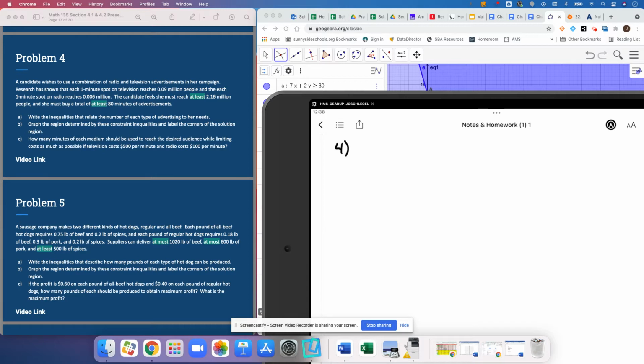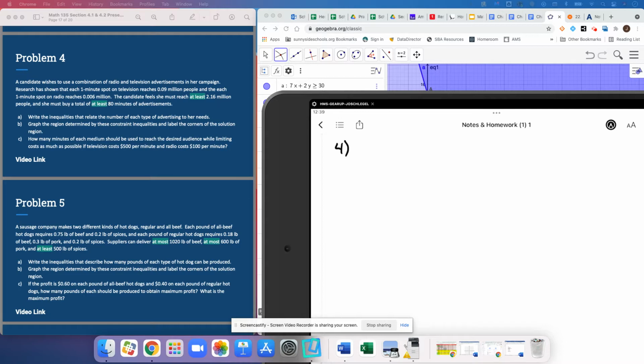The candidate feels she must reach at least 2.16 million people, and she must buy a total of at least 80 minutes of advertisements.